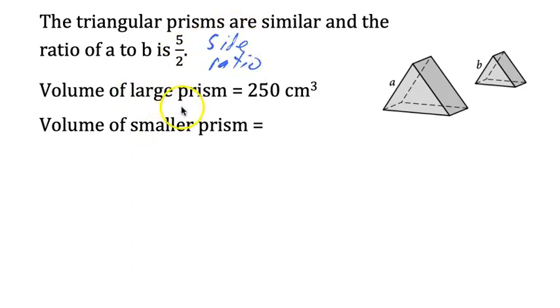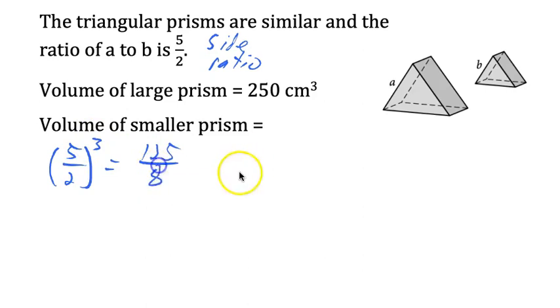We're told the volume of the large prism is 250 cubic centimeters, and we're looking for the volume of the smaller prism. We can use the side ratio to help us find the missing volume, but first we have to cube it. So we have a volume ratio of 125 to 8.